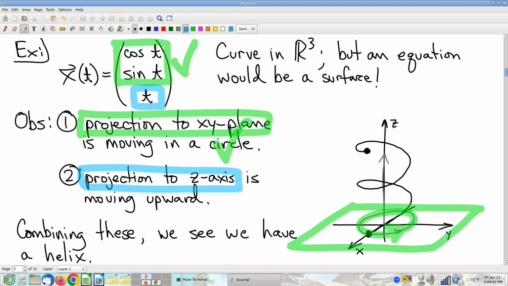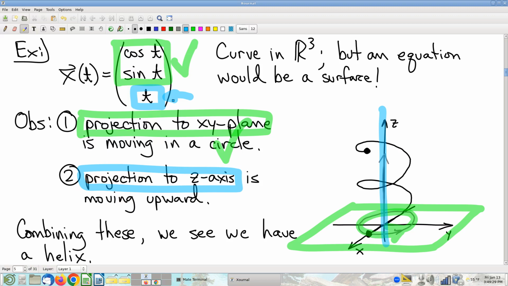I'm ignoring x and y, looking only at z. And this, again, is a pretty easy formula. In this case, the way I understand that is not because it's something I've already dealt with, but just because it's easy. It's z equals t. Height increases at the same rate time does. We're going up at a constant rate, in other words.